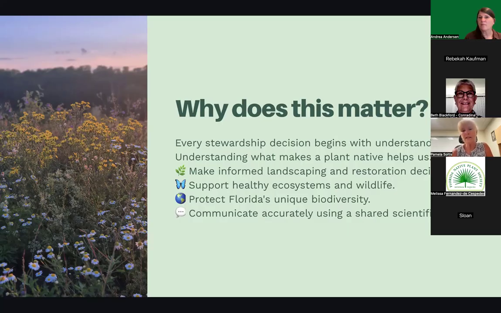Now, one of the other things that GBIF has is it also collects iNaturalist records. So the iNaturalist records that have been approved for research grade are also housed in GBIF. And that means that we can also have a lot more recent collections for a lot of species that we might not have herbarium specimens for.